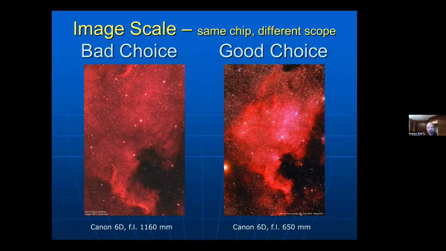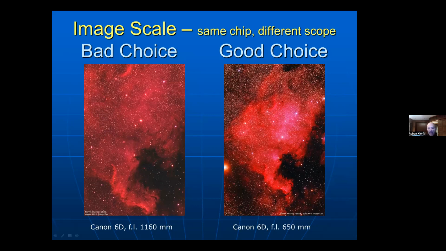So this is an example of why it's important to choose the right scale. This is using the same camera, a DSLR Canon 6D. It has a nice large chip, but if I was doing this through my 6-inch refractor at 1160 focal length, I'm not getting the entire view of the North American nebula.